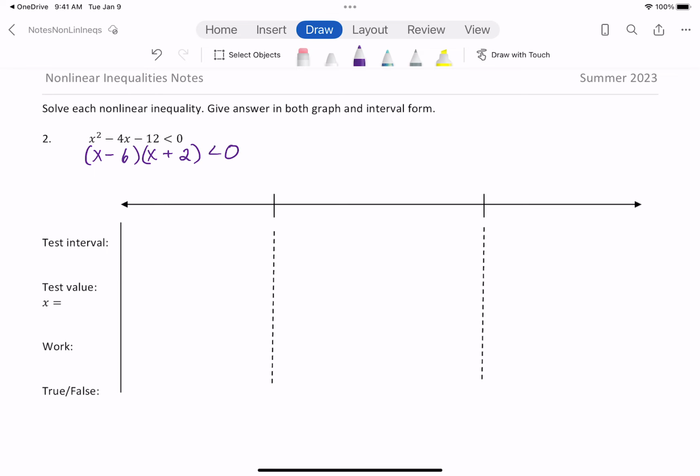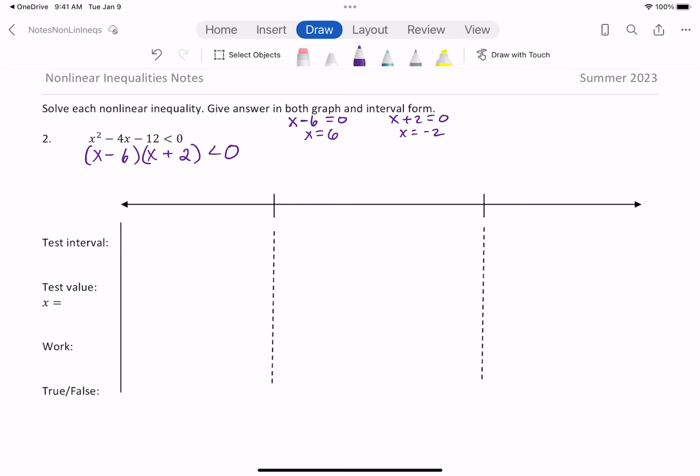Now this problem is in the same format as the last one we did, so it's going to work exactly the same from here. I'm going to set each one of those factors equal to 0 so we can find our two endpoints. So I get x equals 6 and x equals -2.